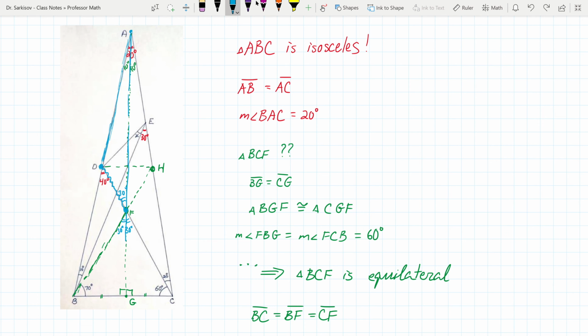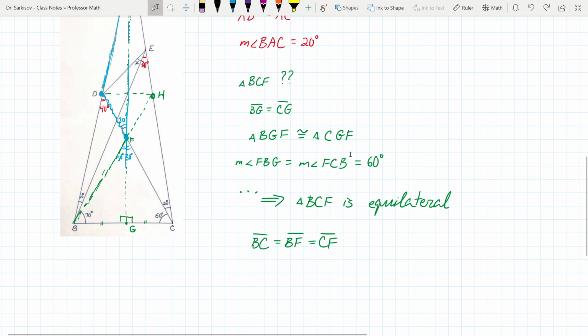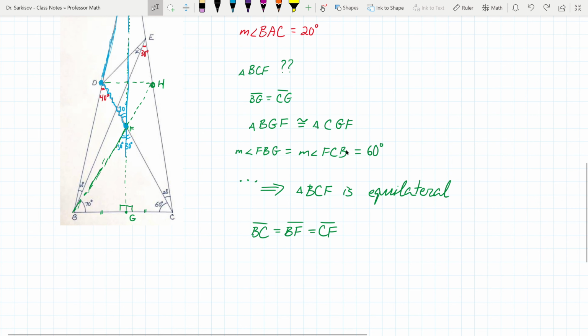So I look at triangle AFD. Notice that triangle AFD, that triangle in blue, has angles 10 degrees, 30 degrees, and 140.